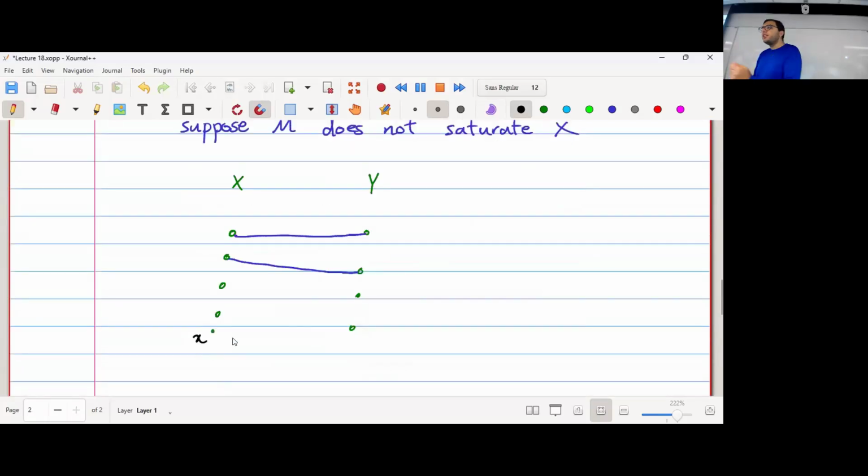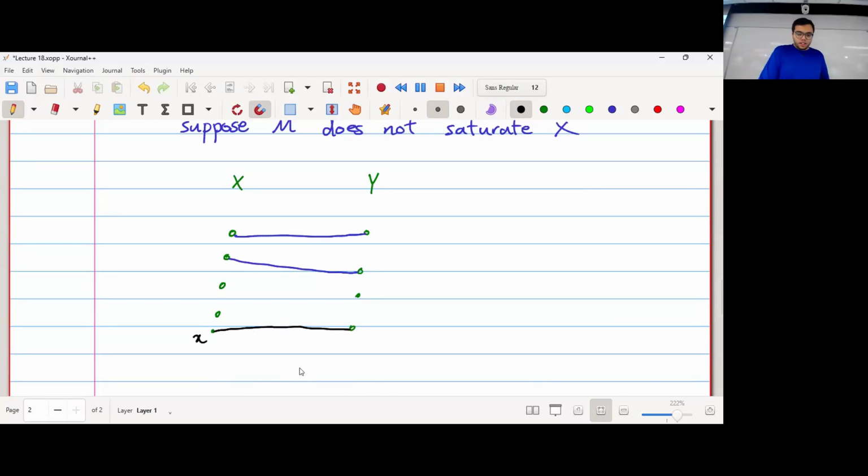So this x should have at least one neighbor, right? But that edge that is coming out of x is a black edge. It's not an edge in my matching. So can this vertex be unmatched? No, because if this vertex is unmatched, then I can just add this edge to my matching.